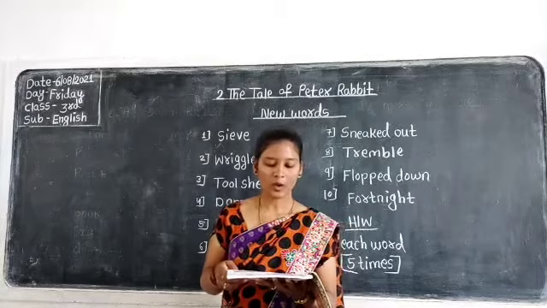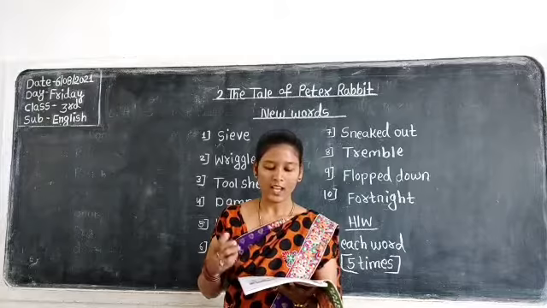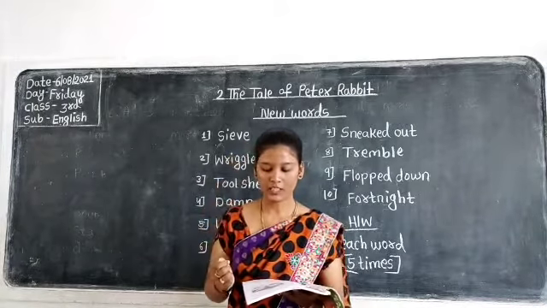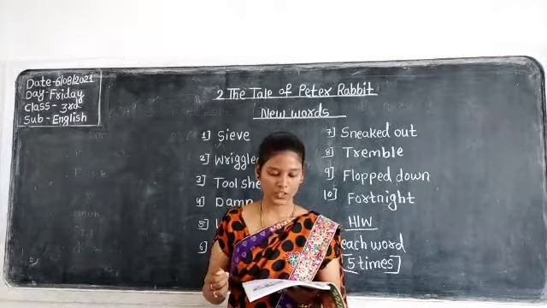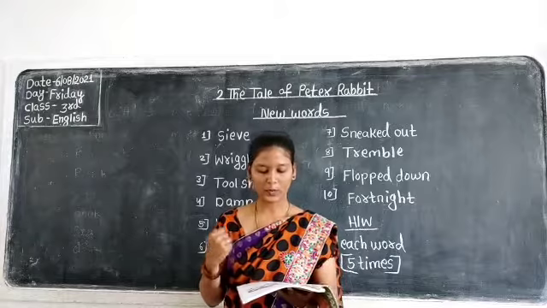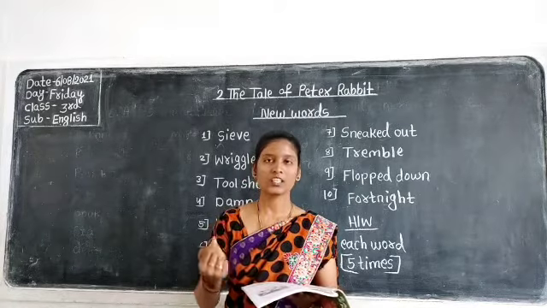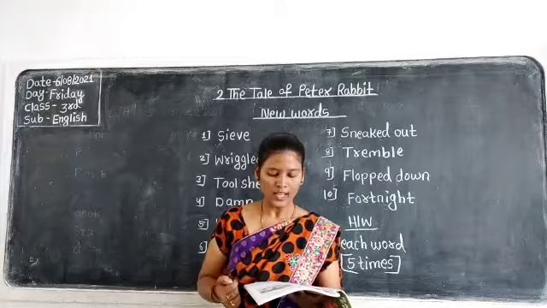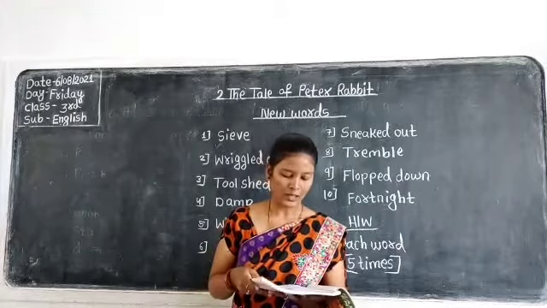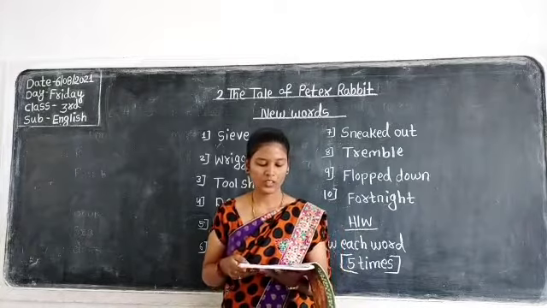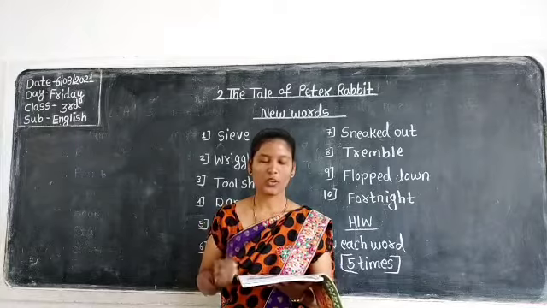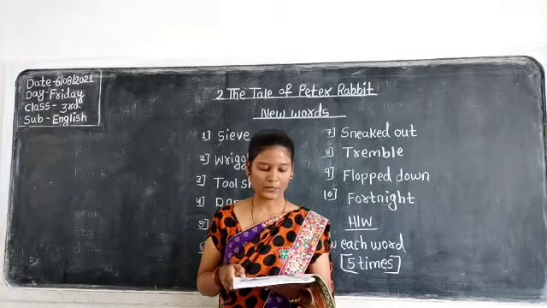Mr. McGregor brought a sieve and tried to pop it on top of Peter. But Peter wriggled out. He moved out by twisting and turning just in time. So he left his jacket behind him. Then Peter ran into the tool shed and jumped into a water can.